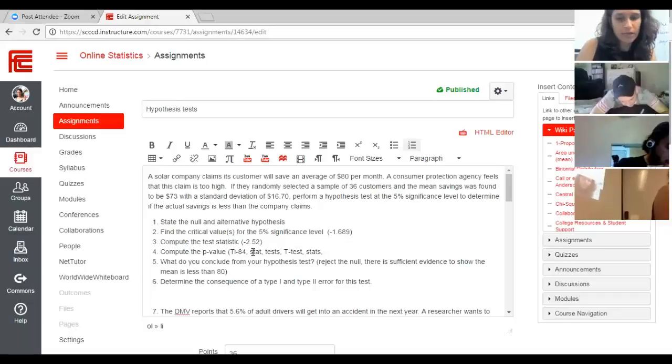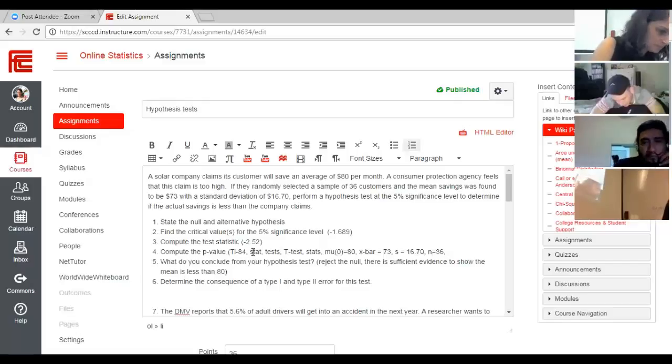So I'm going to put in mu0 is equal to 80, x bar is equal to 73, s was equal to 1670, n was equal to 36. And then we want a less than for our alternative hypothesis. I click enter or calculate.